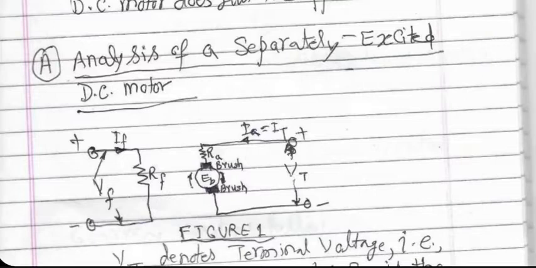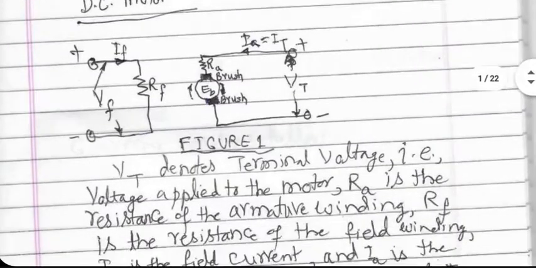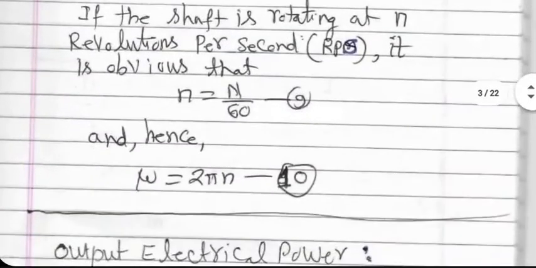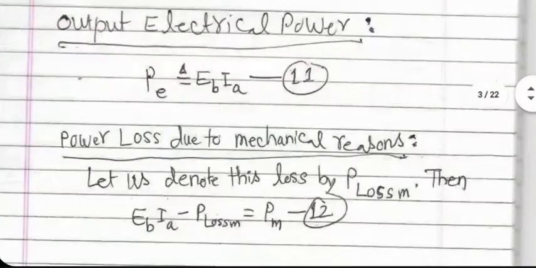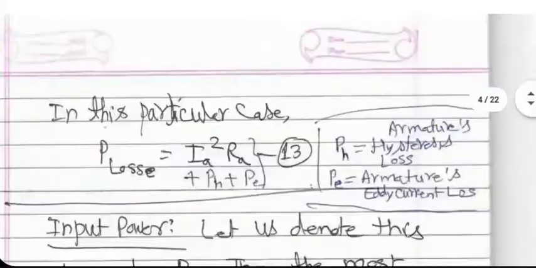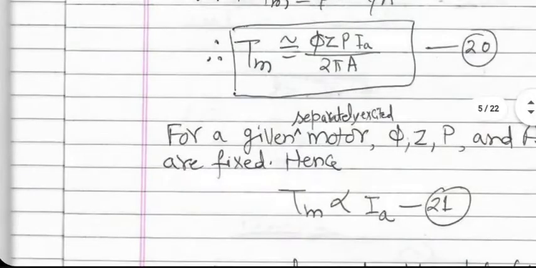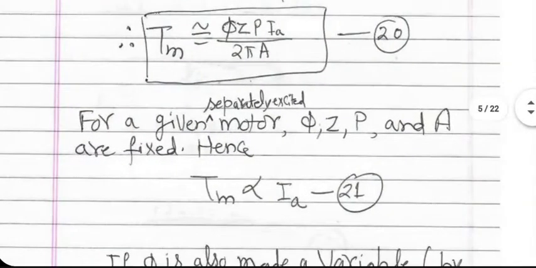So for most of the time, you can assume that flux is constant in a separately excited machine. So the finding further narrows down to simply the fact that the torque produced by a separately excited DC motor is directly proportional to armature current. The more the current in the armature, the higher the torque produced. This is independent of the speed of rotation.